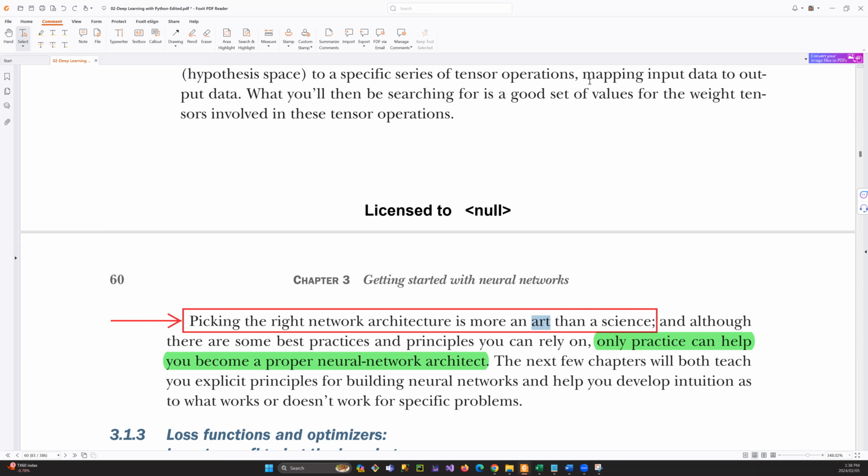Again, I can't emphasize enough on this sentence. Just read it and read it twice because of two reasons. One is because you're going to have it pretty soon.